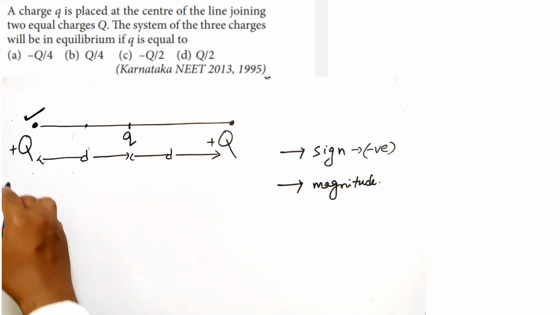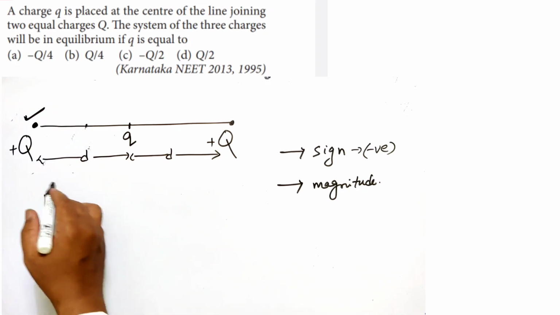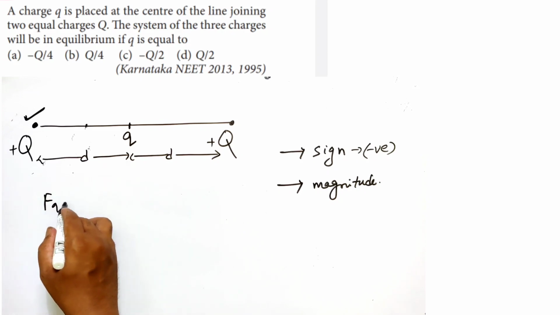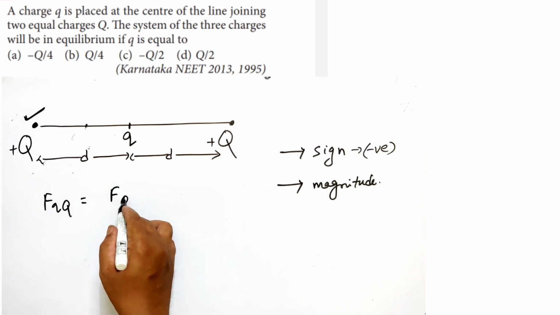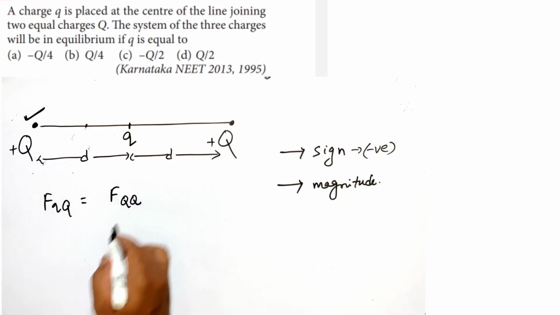So the force between this small q and capital Q will be equal to the force between this capital Q and capital Q, because the system is in equilibrium, we have to consider this situation.